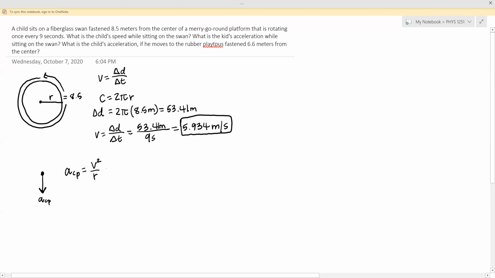And we found the speed in the previous question, so we know that it's 5.934 squared over r, which is the radius of the circle, which is 8.5.